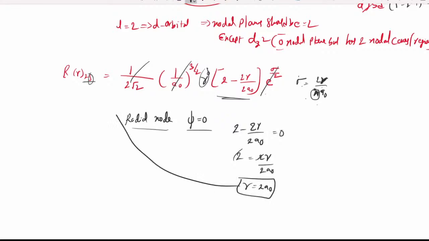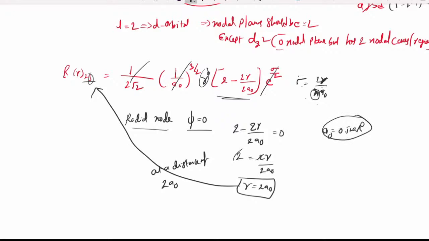Therefore, for the 2s orbital, at a distance of 2a naught. Sir, what is a naught? Bohr's atomic radius, that is equal to 0.529 angstroms.